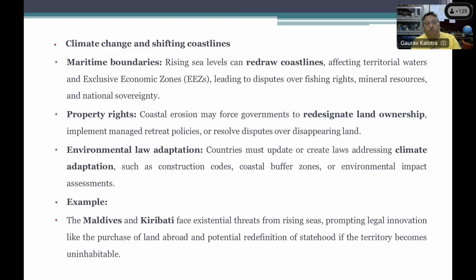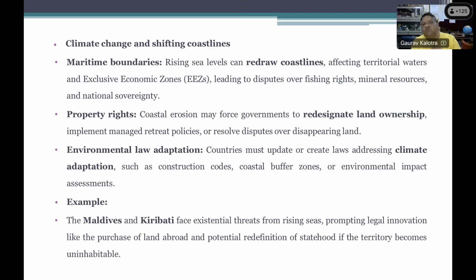So it means that the climate is changing. Now, there is a threat of sea level rising. Sea levels are rising, and if sea levels rise, then the coastlines have to be redrawn.